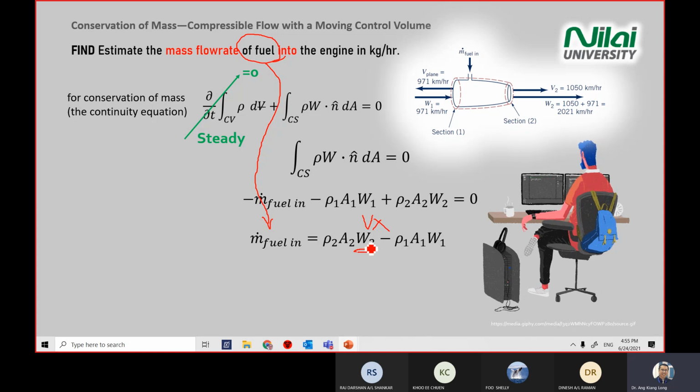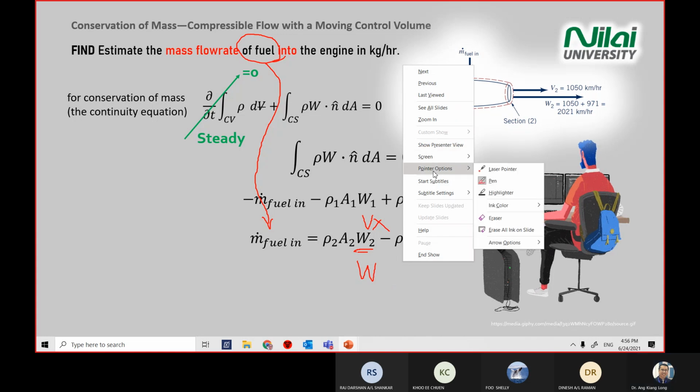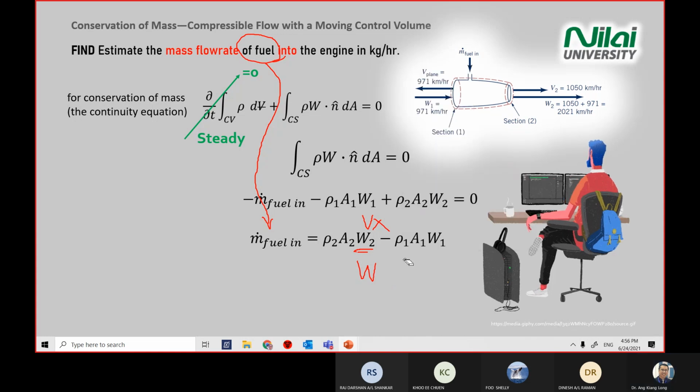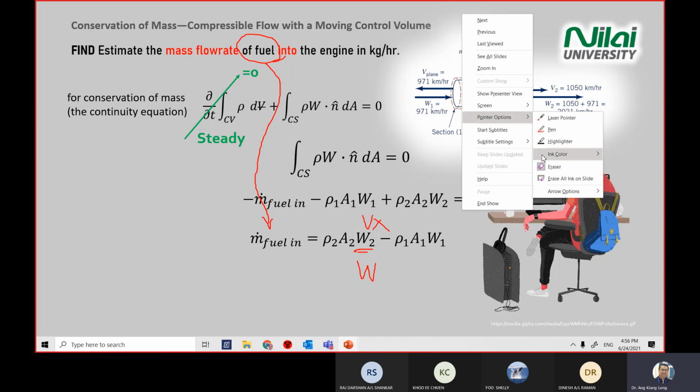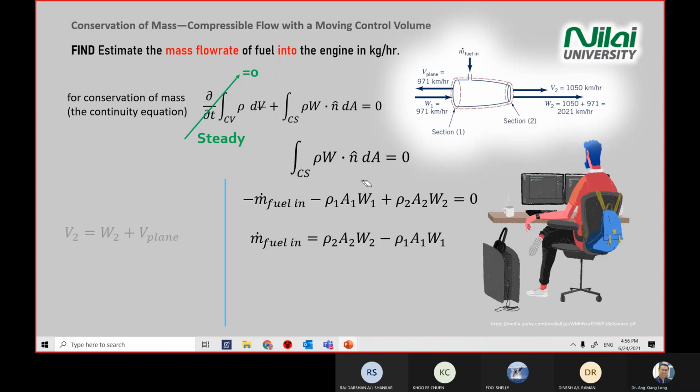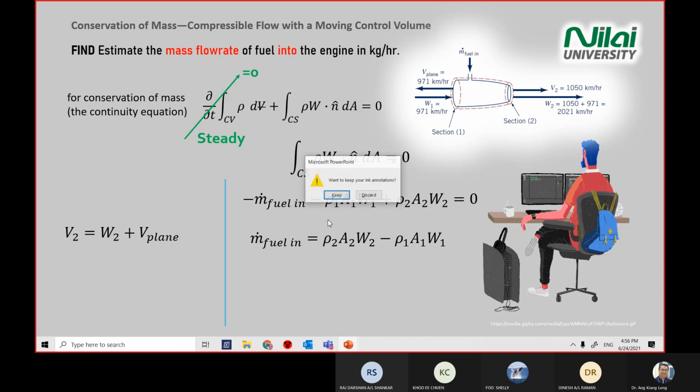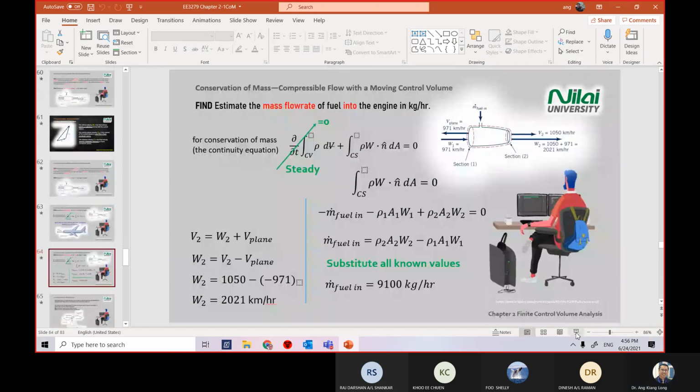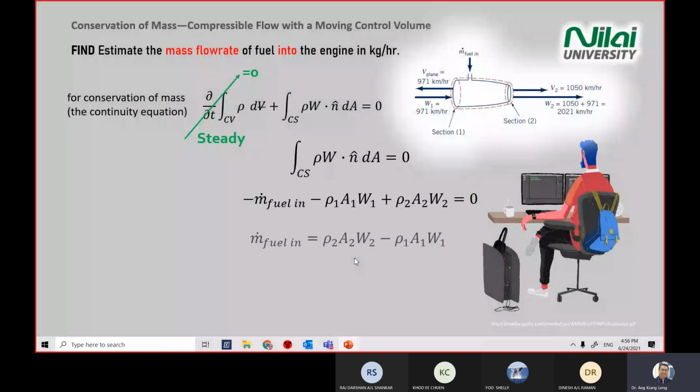So for relative velocity, we are using W in our lecture. After you rearrange the equation, the rest is just substitution.